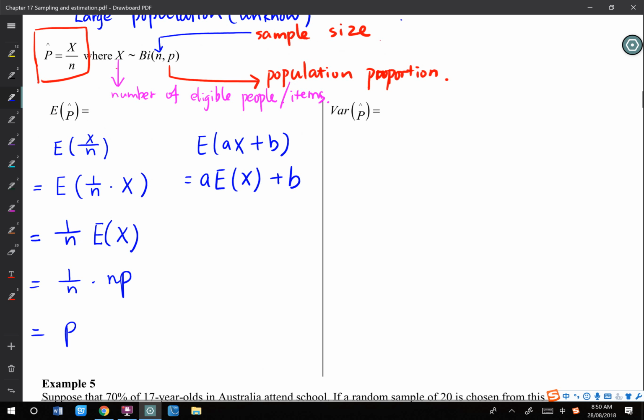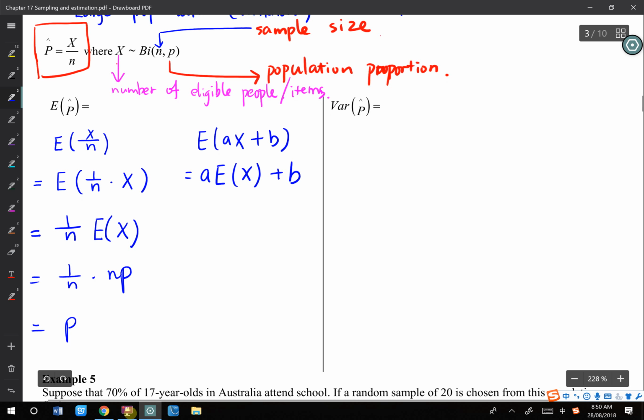Now let's have a look at the variance of p hat. Variance p hat equals variance of x over n. What's variance of ax plus b, everyone? A squared variance x.